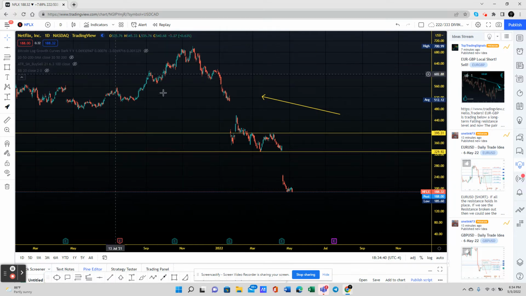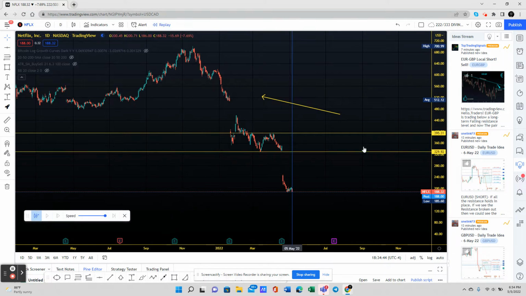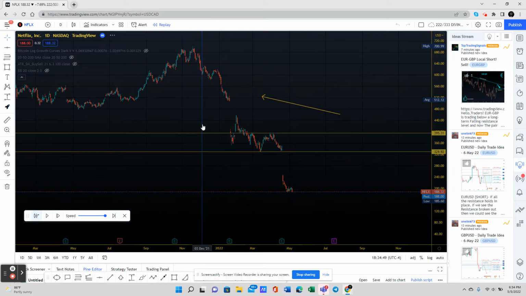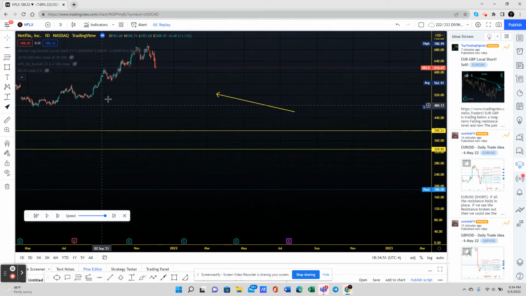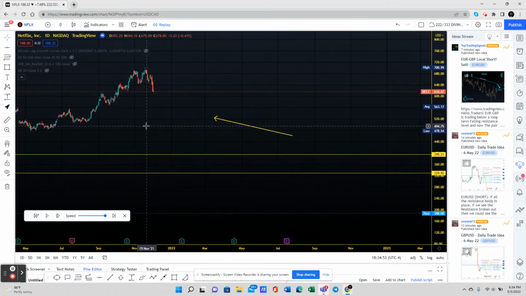So what happens is, let's do a bar replay right here. Okay, so if I come into the market right now and I'm on this particular candle, I don't really have a lot of structure right now, even though it's part of this greater structure.